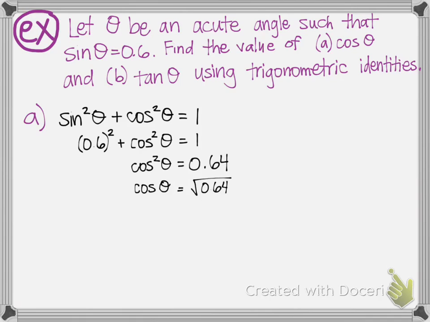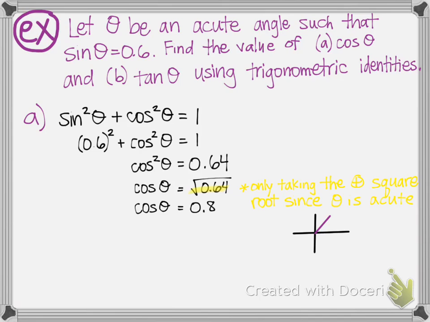Now I've written it just as the positive square root. The reason is that theta is an acute angle, which means it's going to be in the first quadrant, and in the first quadrant, cosine is positive.